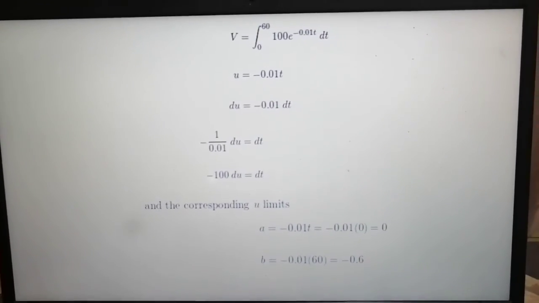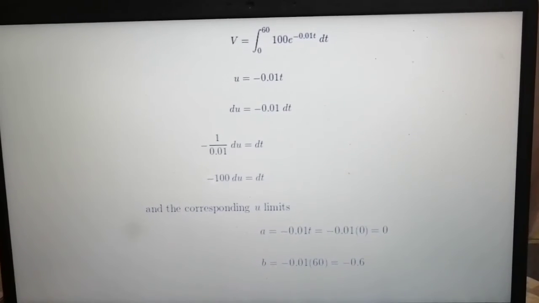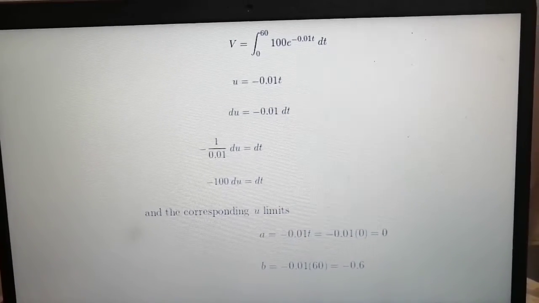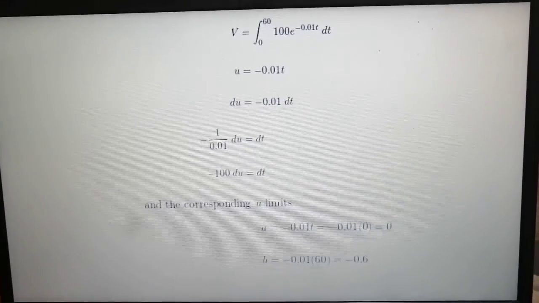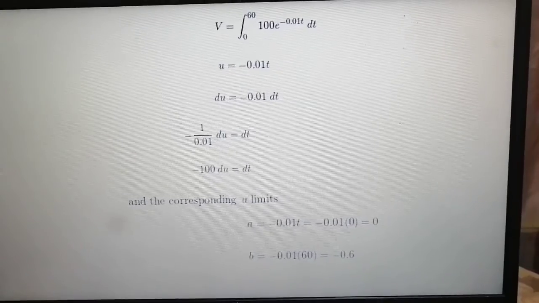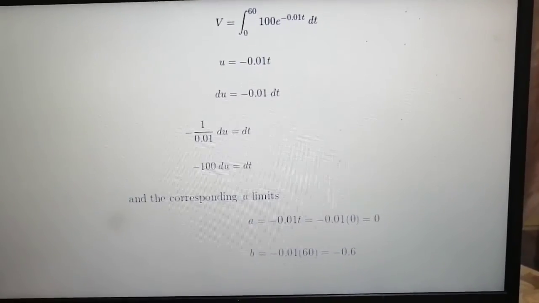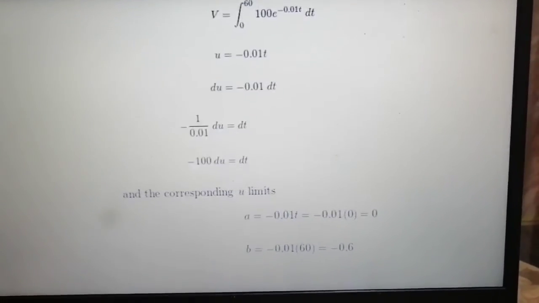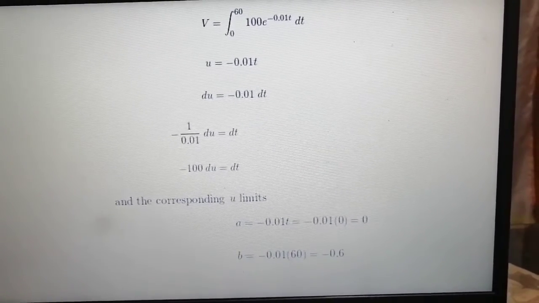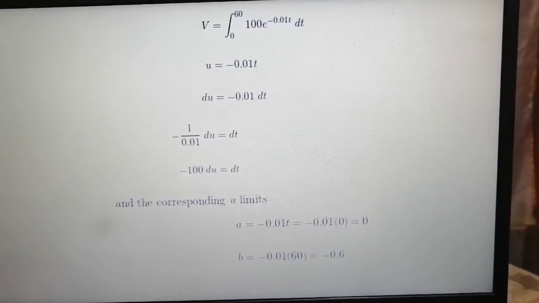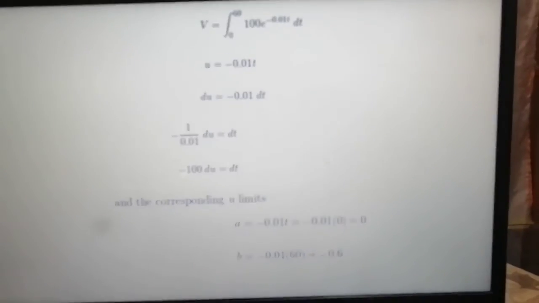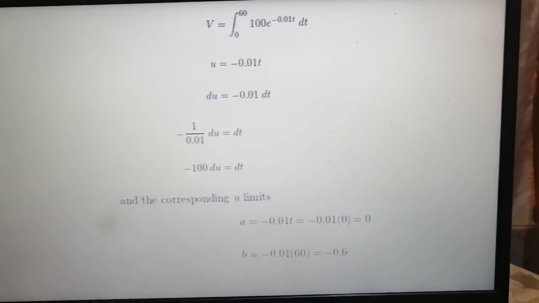We have to use the substitution method. u is equal to negative 0.01 t, and our du is equal to negative 0.01 dt, from which we get dt equal to negative 100 du. For the corresponding u limits, we change 60 to negative 0.6 and 0 to 0, so it will be easier for us to solve.